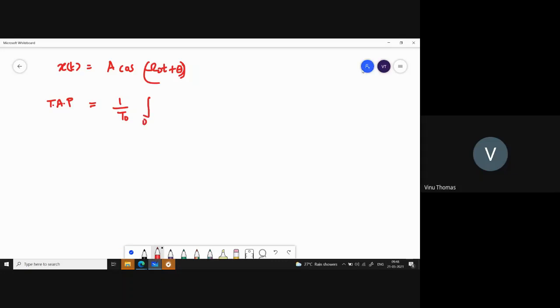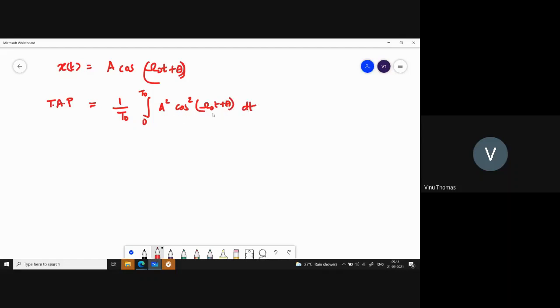Instead of minus T0 by 2 to plus T0 by 2, I can write 0 to T0 because I am evaluating over one period, of modulus of x of t the whole squared, which becomes a squared cos squared omega naught t plus theta dt.